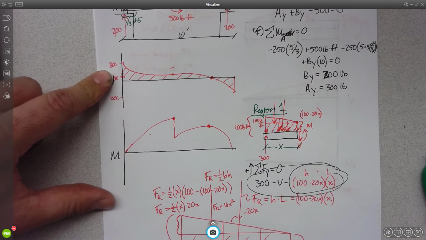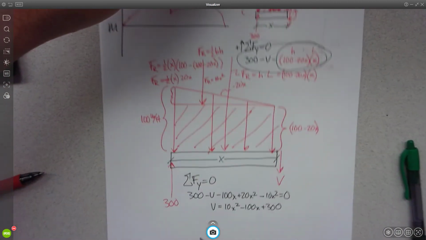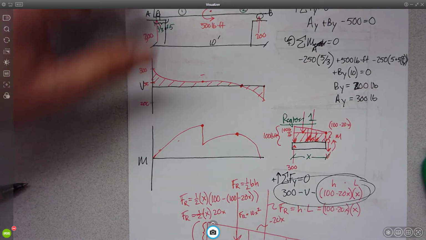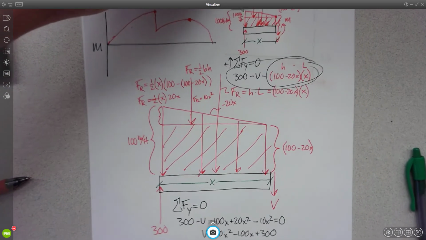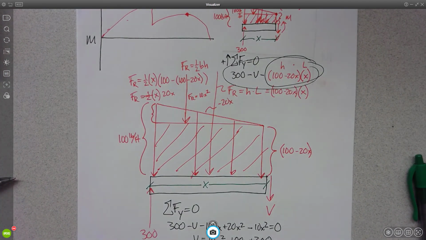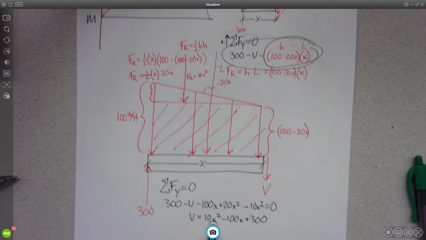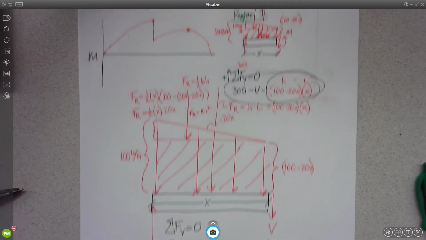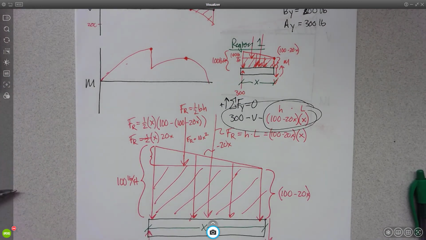Because at x equals 0, the shear is 300, which is what we want, okay? All right, it's concave up, which is right, because the x squared is positive, okay? So far we're doing okay.